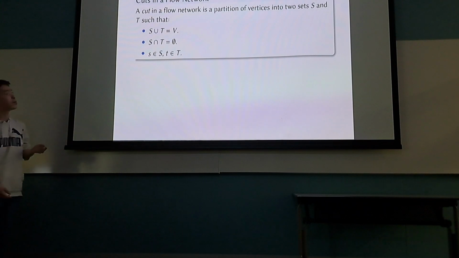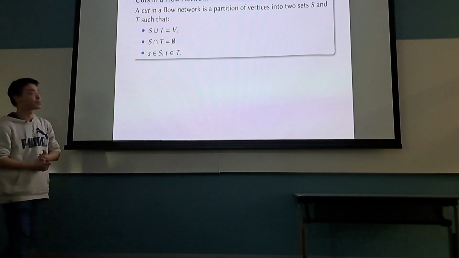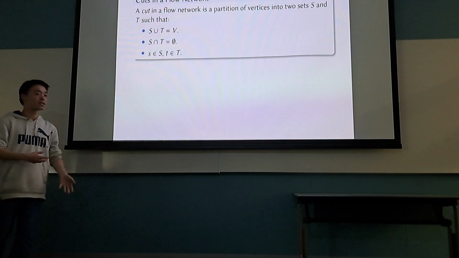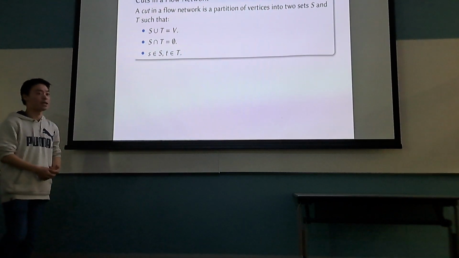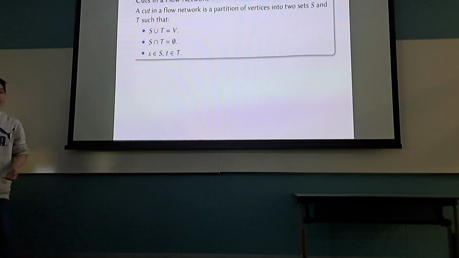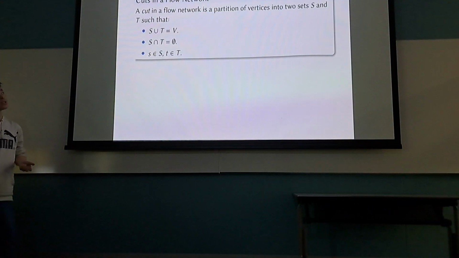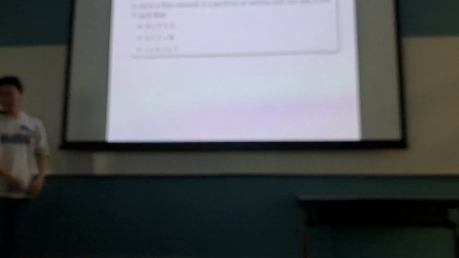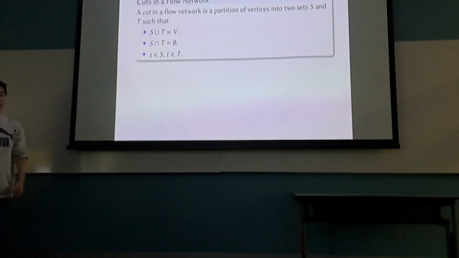All right, so now we're going to get to the really interesting results. We've had a look at flow networks and what they were. We had a look at some algorithms that run in polynomial time. Now we're going to have a look at some of the applications of flow networks. The first thing we want to look at is a cut.